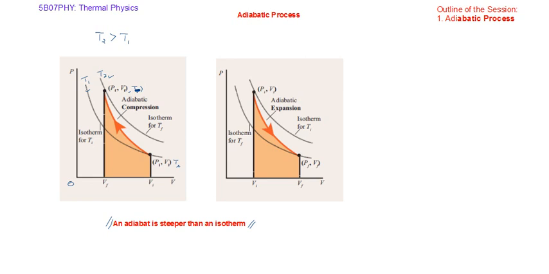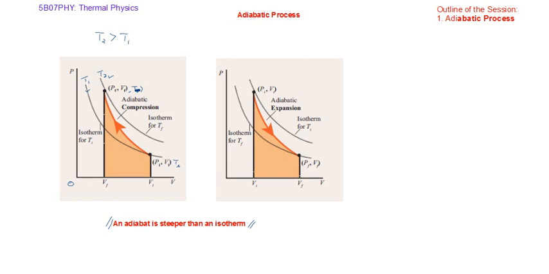And in the adjacent graph, only the arrow direction has been reversed, meaning the process happens in this particular direction. Initially the volume is lesser, final volume is greater, so the process is representing an expansion, and is hence named as an adiabatic expansion.